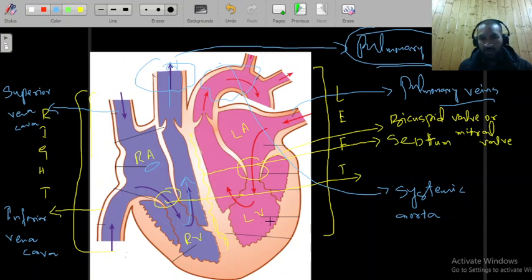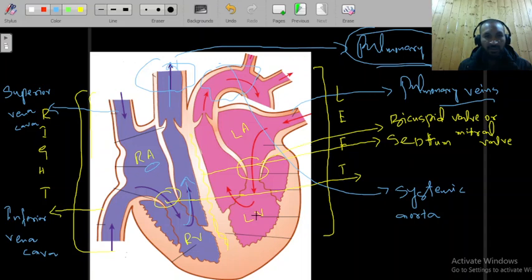You can also see the left ventricle is more muscular than the right ventricle, because the right ventricle has to pump blood into the pulmonary artery, and the pulmonary artery just needs to carry this blood to the lungs, which are just close by. So not much pressure is required.